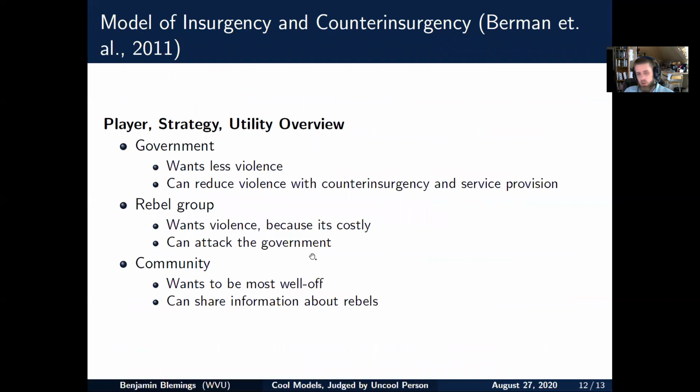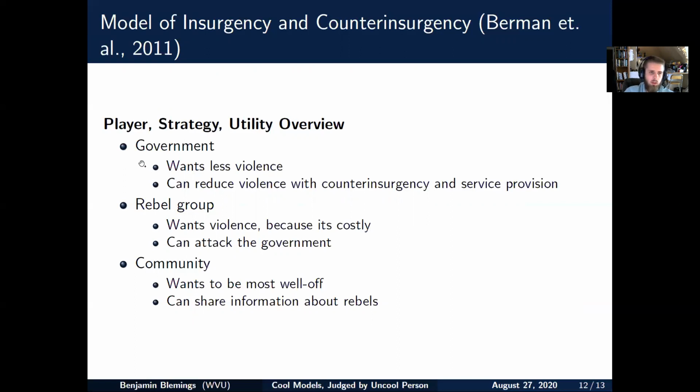This is an even more complicated model that I'm not going to dig into, but it's a game theory model, so I wanted to mention it. It's about how governments, terrorists, and the community behave, and how their actions affect one another.